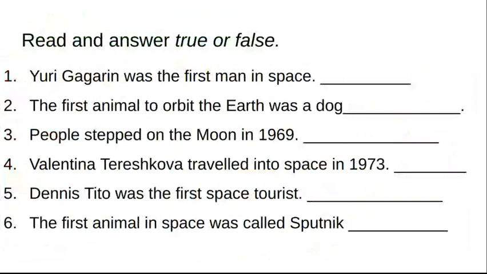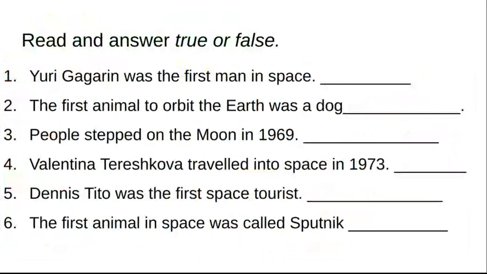All right, now we are going to read these sentences and decide if they are true or false. You can use the activity from before to help you answer if it's true or false. Number 1.